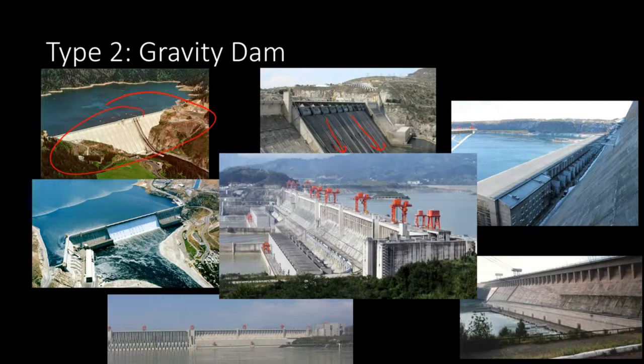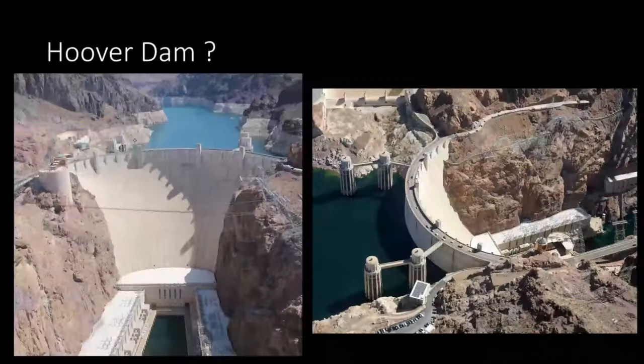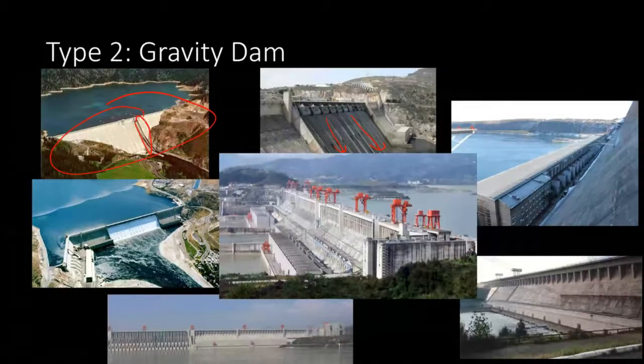So if for whatever reason that part of the Drawback Dam were to fail, the weight of the rest of the dam would keep that more or less intact, which would prevent an extreme amount of downstream flooding.